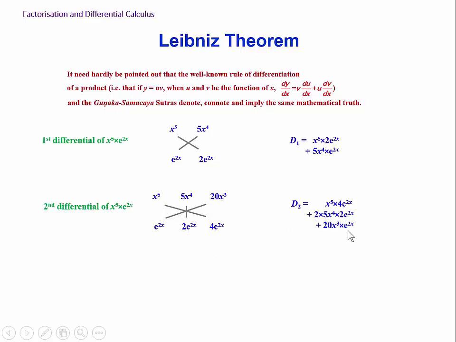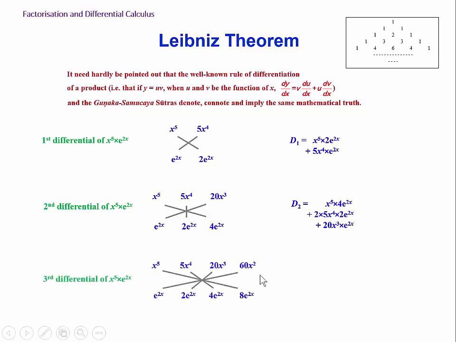And we've got this extra factor of 2 in there, which actually comes from Pascal's triangle. In fact, the three terms here are multiplied by the 1, 2, 1 in Pascal's triangle there. And in fact, these terms here were multiplied by the 1 and the 1 there. So this makes it very easy to find any differential of a product. If you want the third product, we would go up to the third differential. First, second, third differential, and the same here.